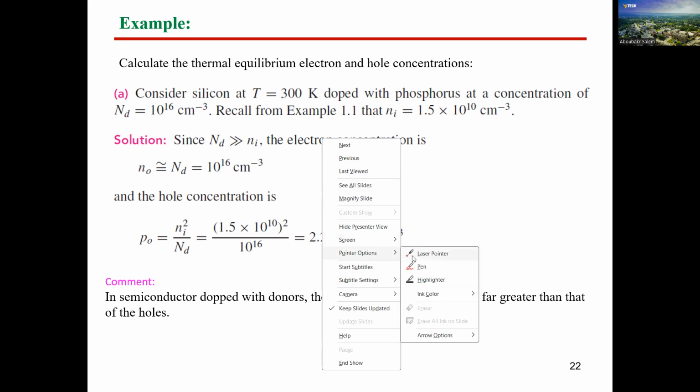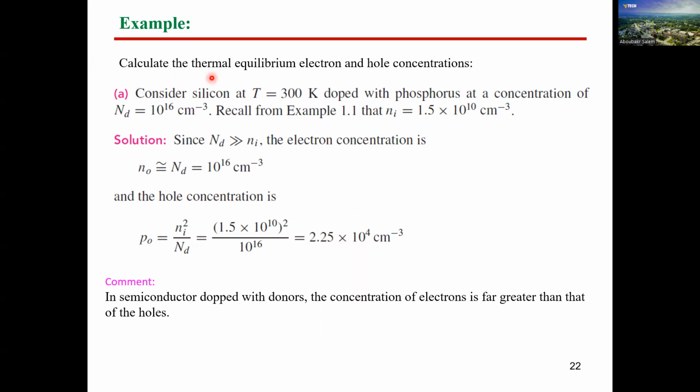So in this example, guys, calculate the thermal equilibrium electron and hole concentration. So we need to calculate the electron and hole concentration. Consider silicon at T equals 300 Kelvin, room temperature, doped with phosphorus at a concentration of N_D equals 10 to the power 16 per cubic centimeter.